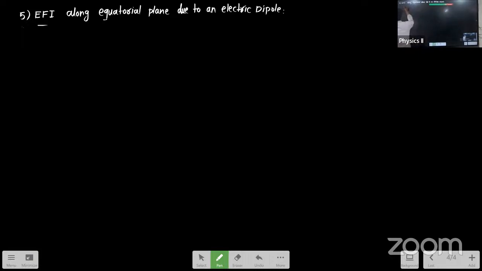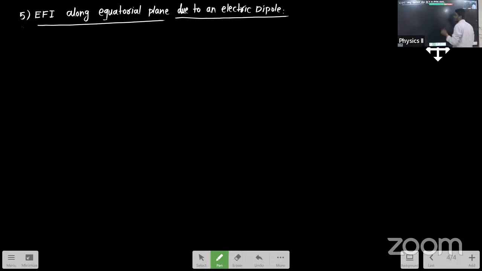Now, if you are able to understand the diagram or arrangement, then you can easily write down the answer for this particular question. Very easy explanation, you are just supposed to concentrate on the diagram.